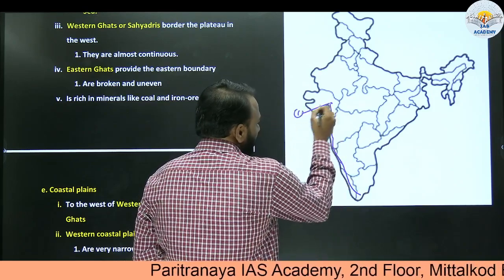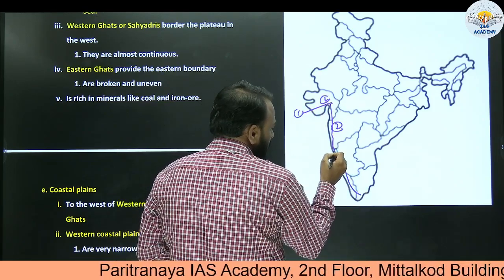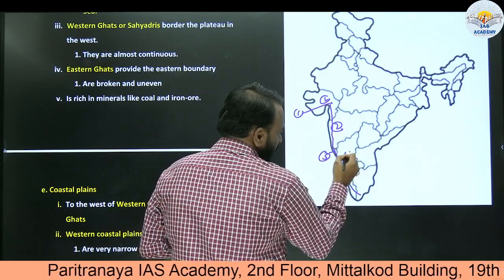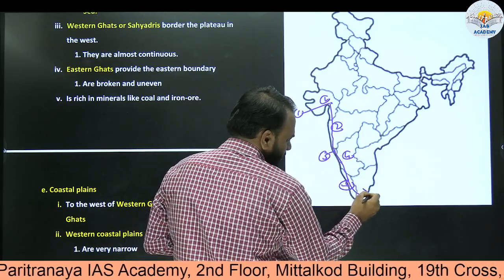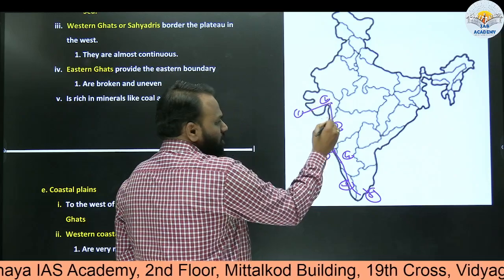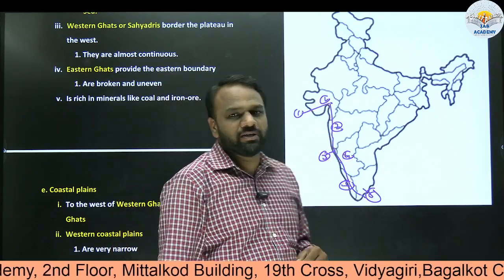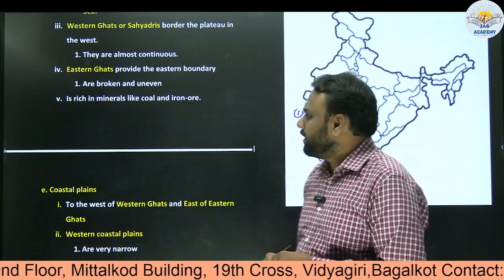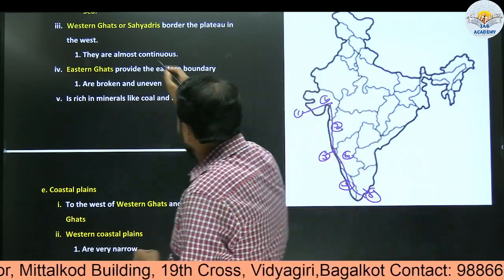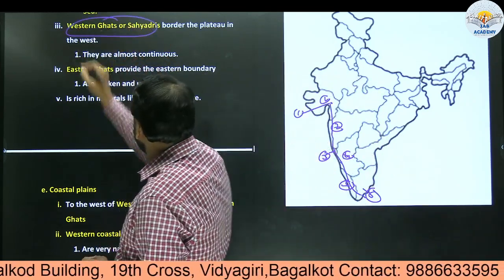So 1, 2, 3, 4, 5, 6. This information is important. We need to have this information. So this is about the Western Ghats or Sahyadris.